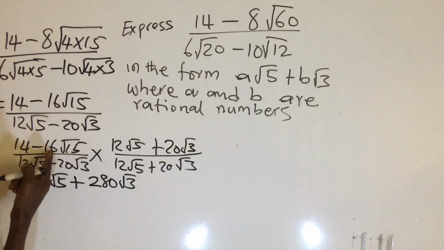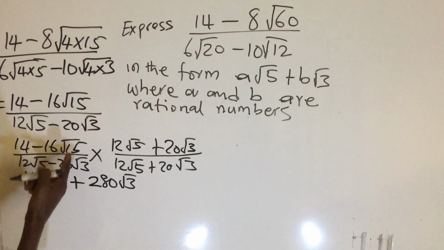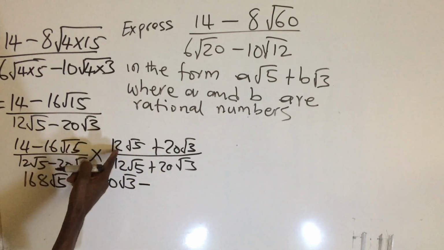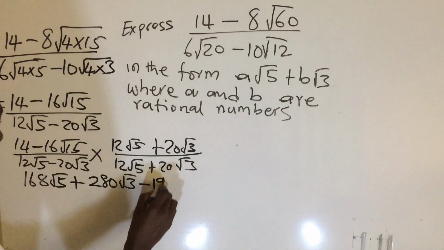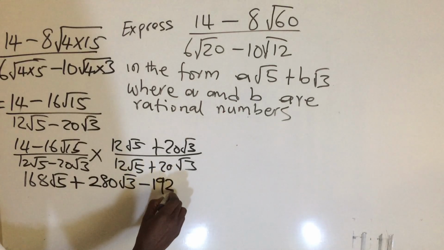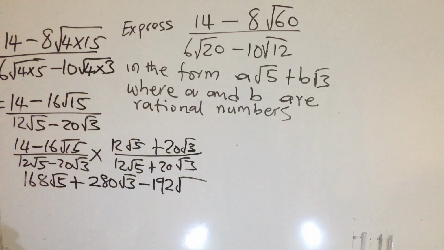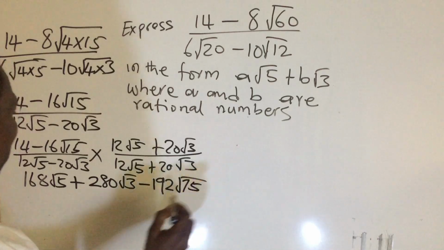Now let us start with this one. Minus 16 root 15 times 12 root 5 will give us 192 root 15 times 5, root 75.